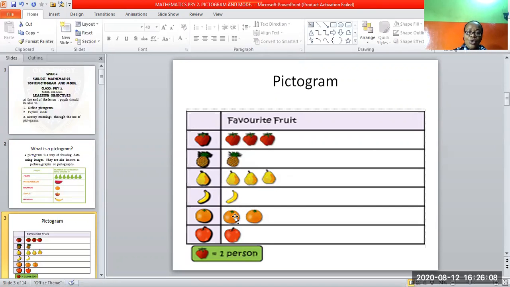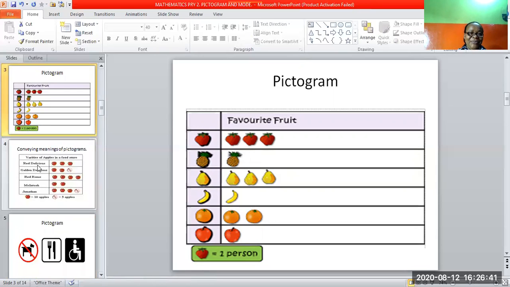And then 2 persons took oranges, only two. And this apple here is taken by just one person. The pictogram represents data. As you can see from this slide, the fruits and the people that took them are well represented. Are we together? Beautiful. Shall we move on?